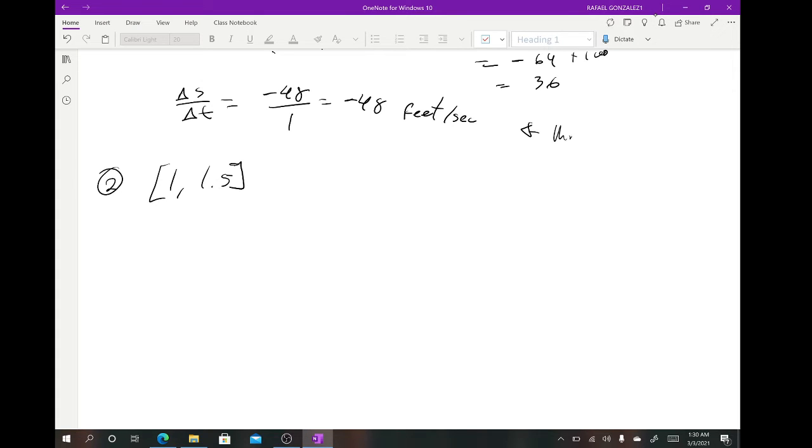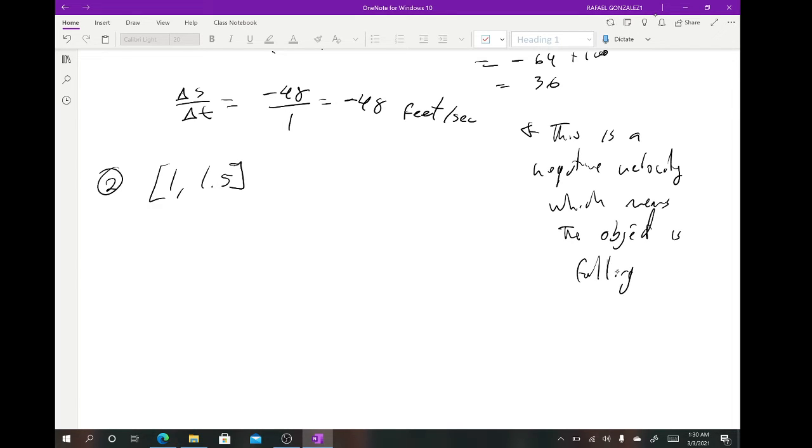This is a negative velocity, which means the object is falling, and it should be. It's falling. Why should it be falling? Because we said that we were throwing the object down from a height of 100 feet. The ball is being dropped from that particular height.